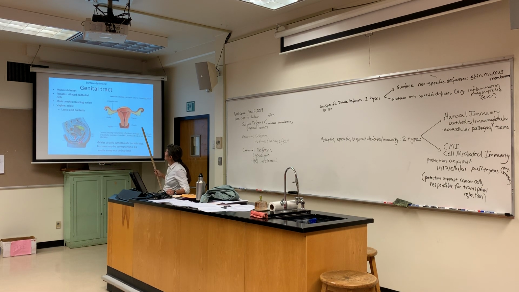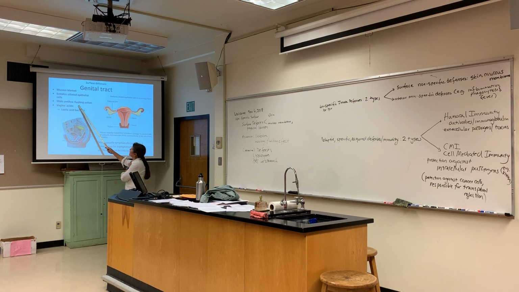And then folks, looking at surface defenses in the genital tract for both men and women. So again, you guys, in the genital tract of men and women, we have a nice sticky mucus blanket that will help trap microbes, and then the mucus blanket with the microbes will be moved out of the body, right? And we'll do the men first, you guys.